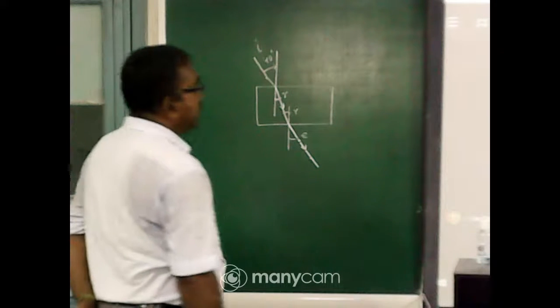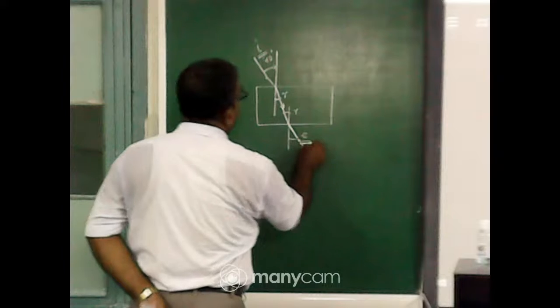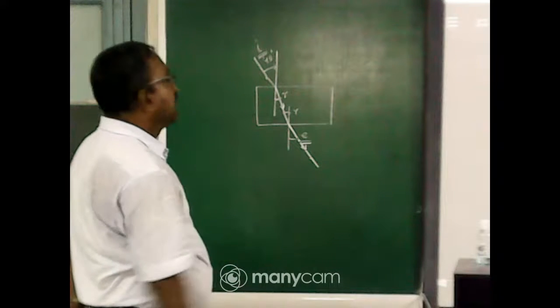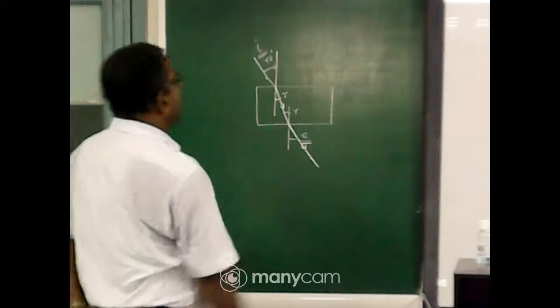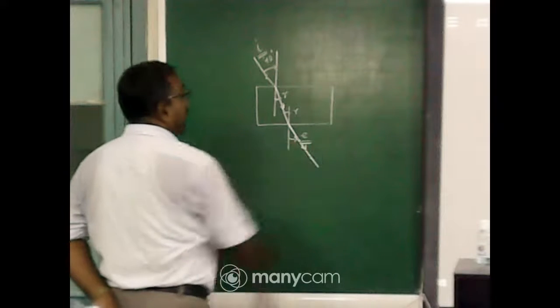After this, you check it. This angle and that angle are equal. With the help of the data from your practical, with the help of the protractor also, you see this angle and that angle are equal.